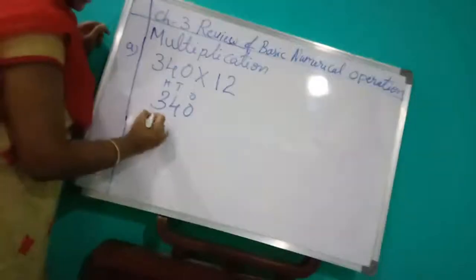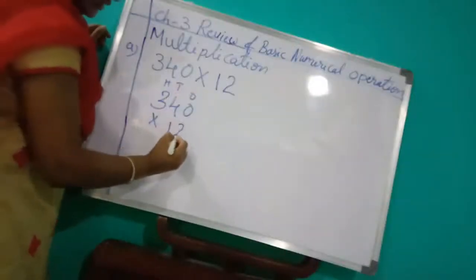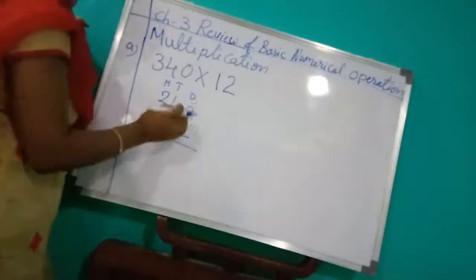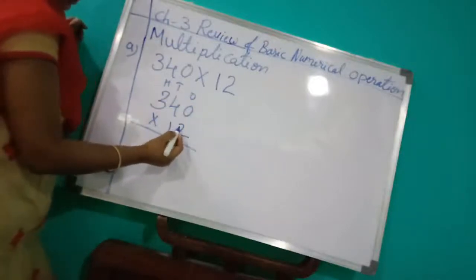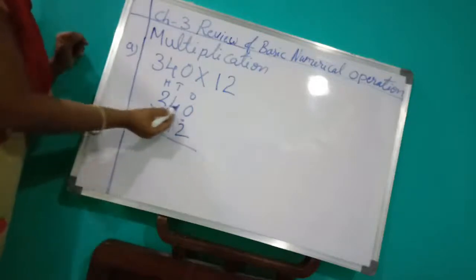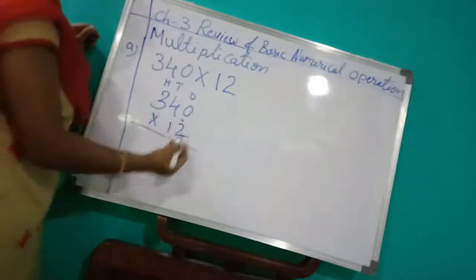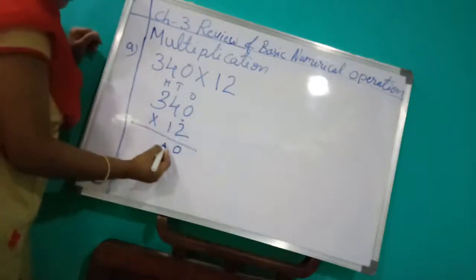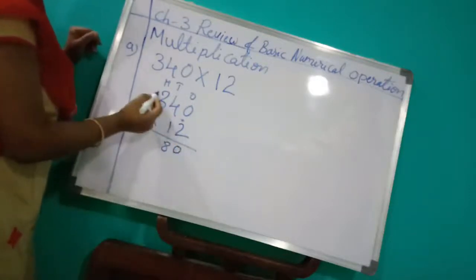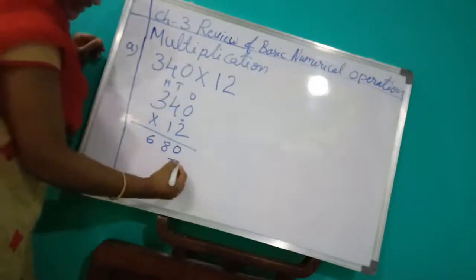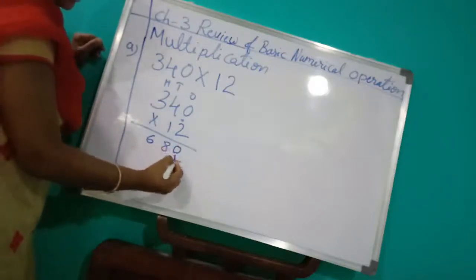Into 12. First of all, in these two numbers, which number you should multiply with these three numbers? Ones place, which number is there? 2. With that 2, you should multiply these three numbers. 2 zeros are 0. 2 fours are 8. 2 threes are 6, plus symbol you should write.